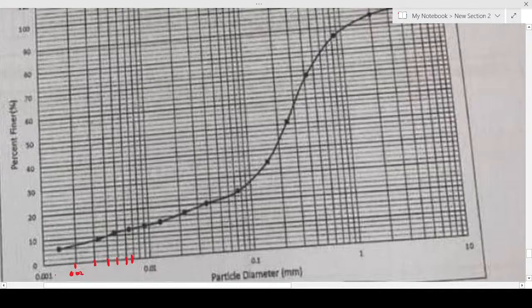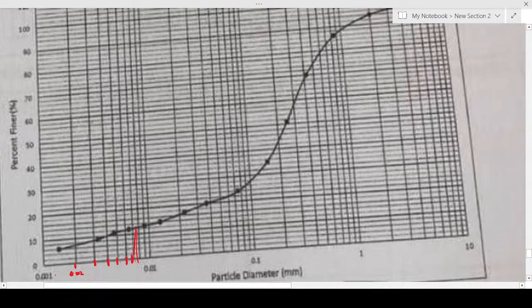So 0.0075 will be somewhere around here.